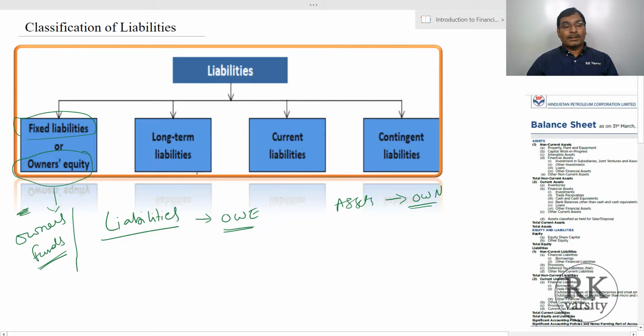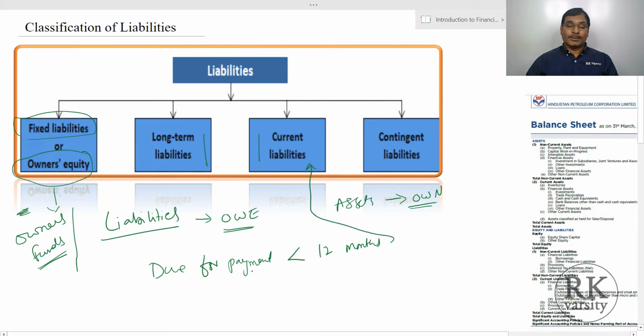Now coming to the liabilities, we have long-term liabilities and current liabilities. To differentiate them, any liability which is due for payment in less than 12 months, we call a current liability.